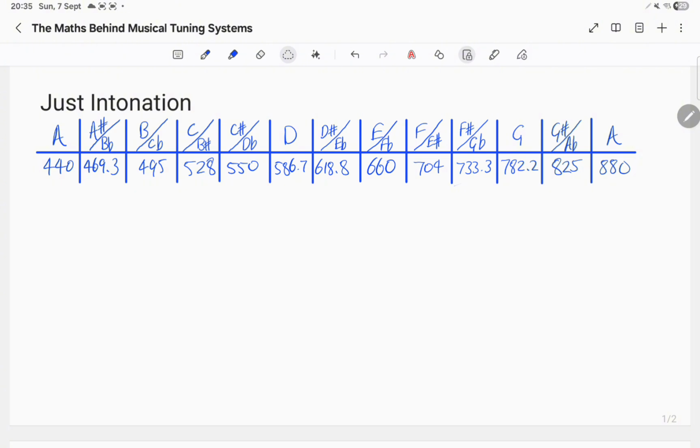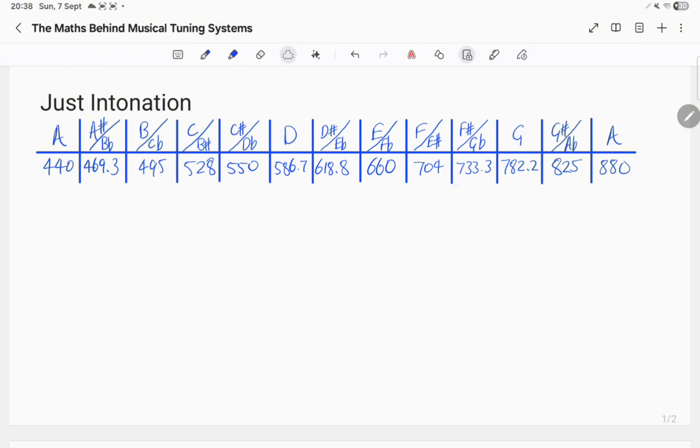In just intonation, the ratio between the tonic, that is the first note A, and a perfect fifth is still 3/2. However, the ratio between the tonic and the perfect fourth is 4/3, and the ratio between the tonic and the major third is 5/4.